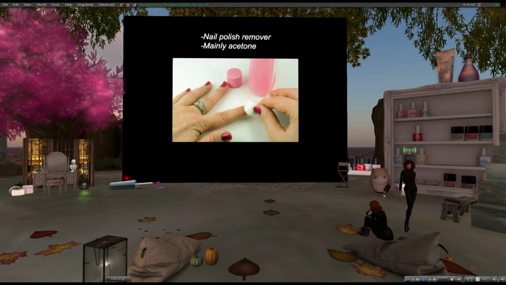And of course, we have to get the nail polish off again. Nail polish remover is usually an acetone. And the acetone is a solvent molecule that goes right in between those nitrocellulose molecules, puts them back in suspension, and removes them from the nail. There are non-acetone nail polish removers.